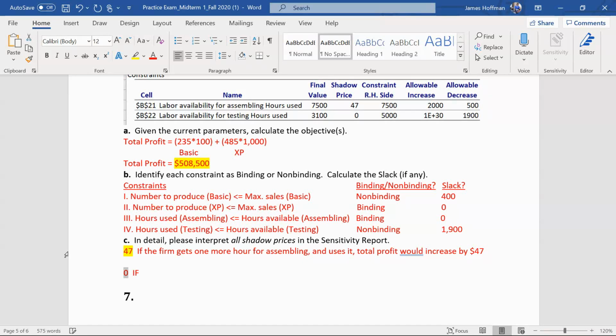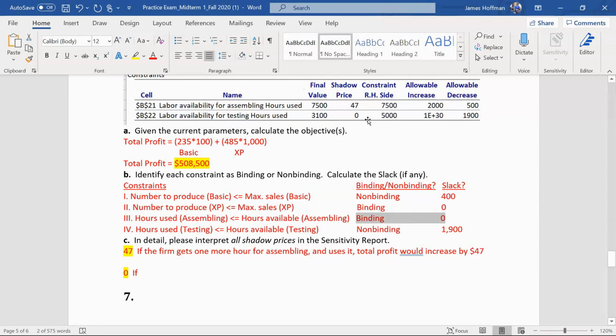So if the constraint is non-binding, then it wouldn't amount to anything because you didn't use the hours that were already given to you. So if you look up, this should confirm what you found in the binding versus non-binding. The assembly hours were binding, and the slack was 0.